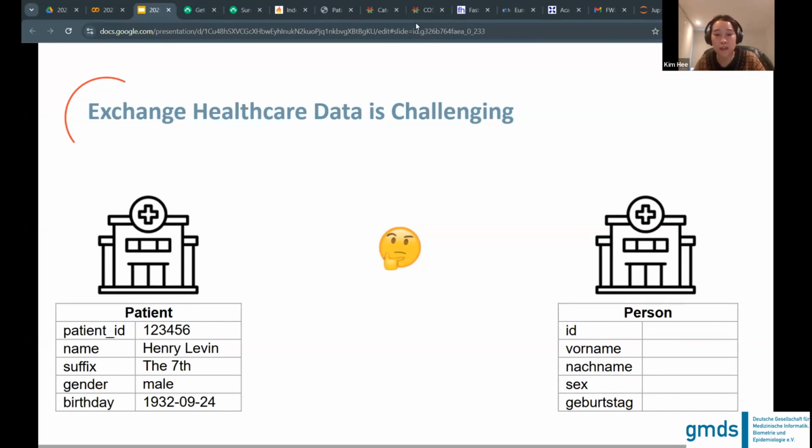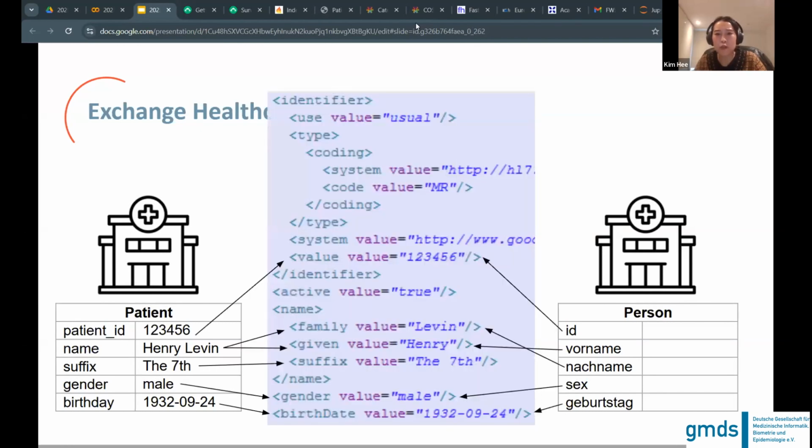Even in a single hospital, if you have multiple datasets, it's very hard. So that's why we need FHIR. You need something in between, having a common ontology that could map data between two systems.